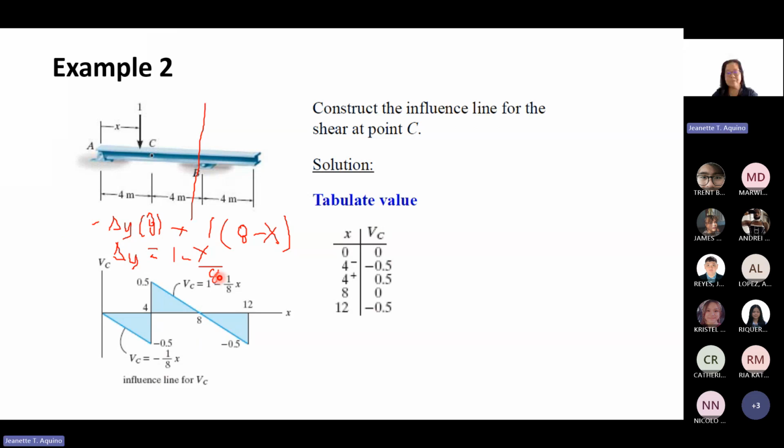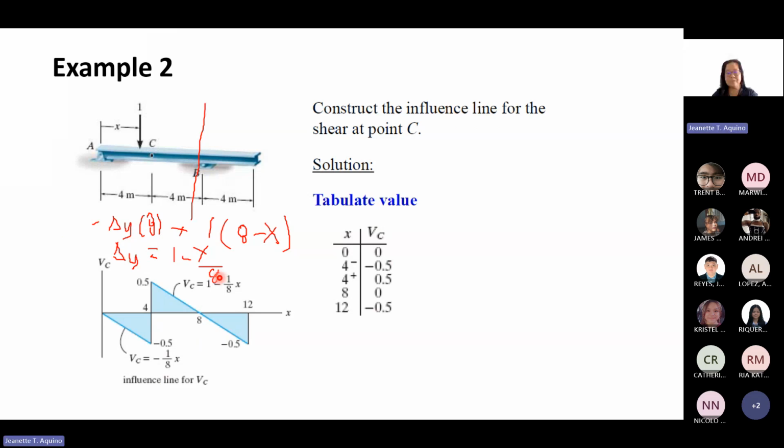This other equation is for when your load is at x greater than 4 and up to 12. Your equation will be 1 minus 1 over 8x.